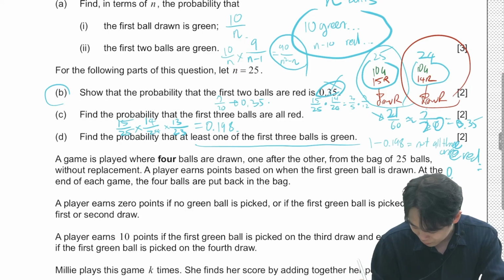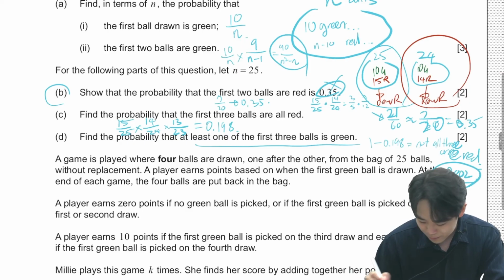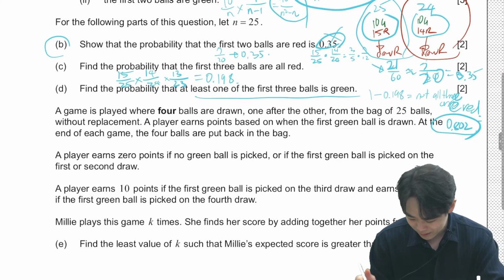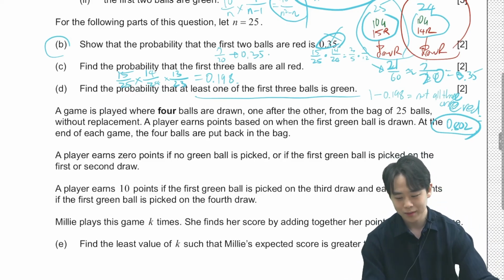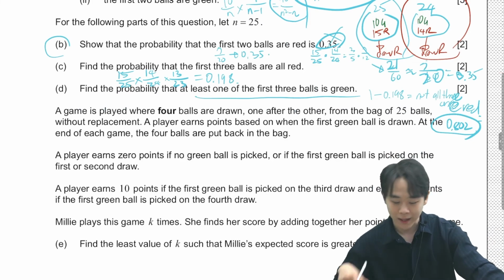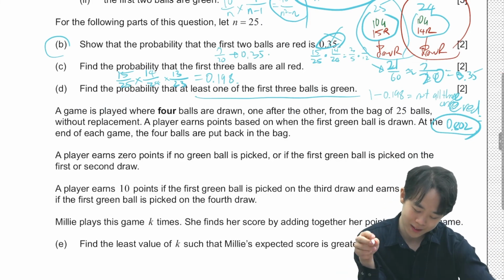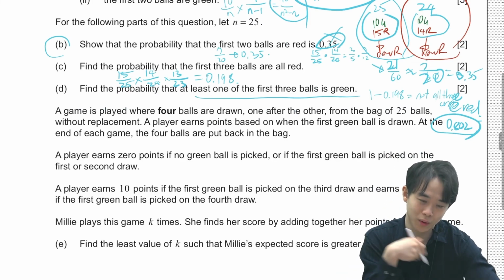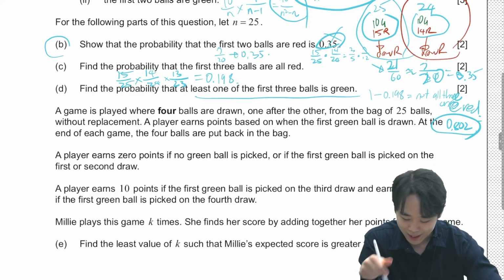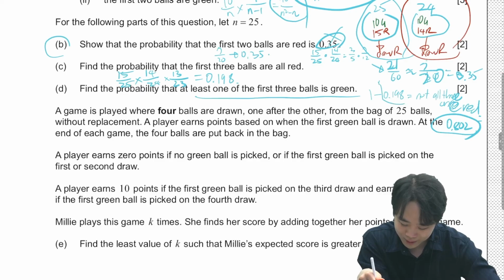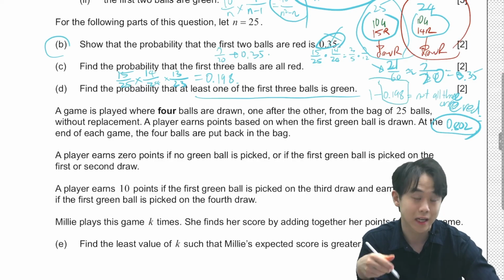So we get 0.802. The probability of drawing red 3 times in a row is 0.198. Otherwise we would have drawn at least one green, whether it's one green ball, 2 green balls, or all 3 green balls. Anything that's not in that 0.198 is our desired probability.